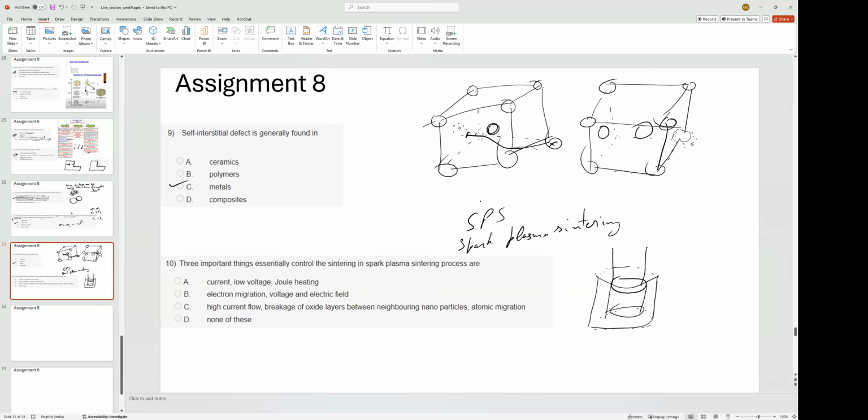There's a die involved, and there are two die pressing forces, and you pass a lot of current through it.